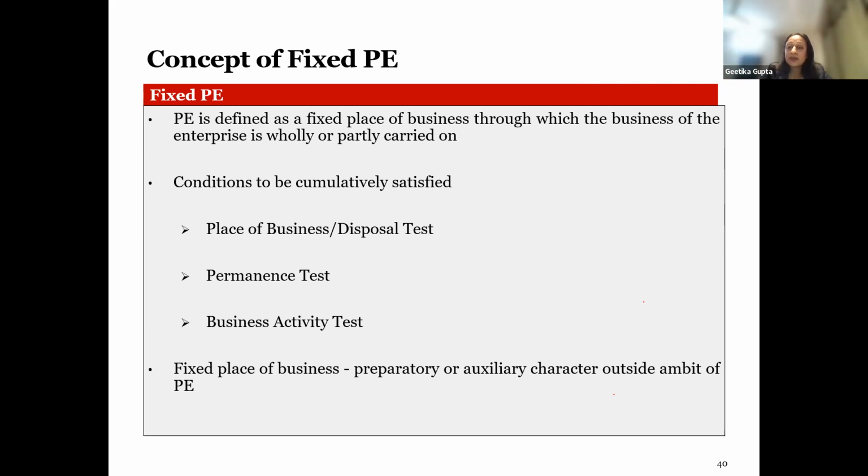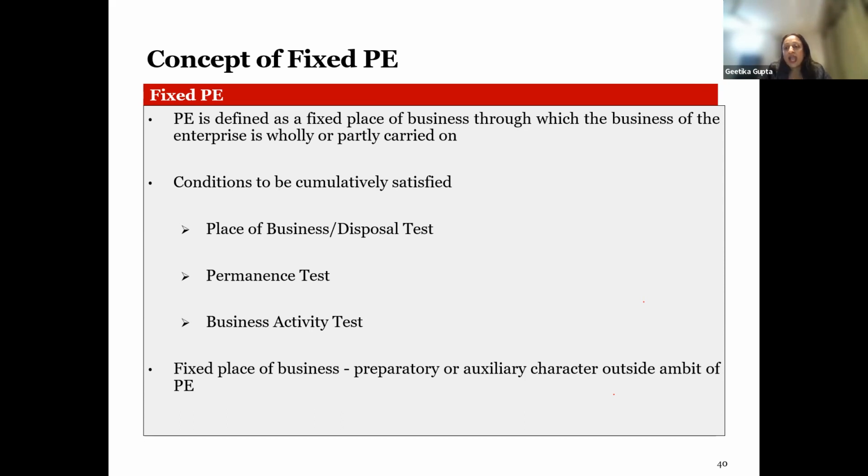And then is the permanence test. That said place of business should be fixed. That is, there should be some degree of permanence in establishing that place of business. The third condition is the business activity test. That is, the foreign company should have carried out its business activities through such place of business.